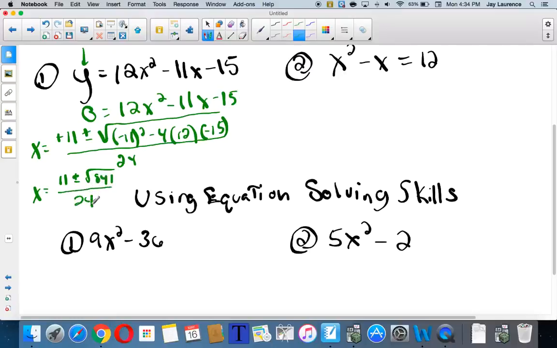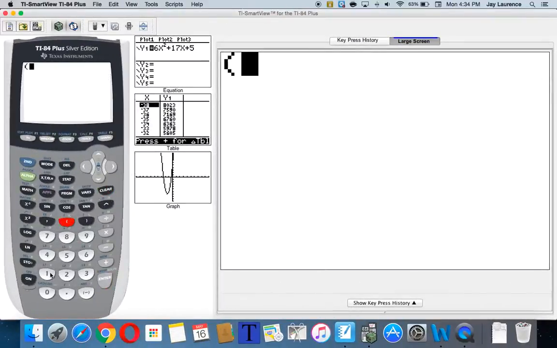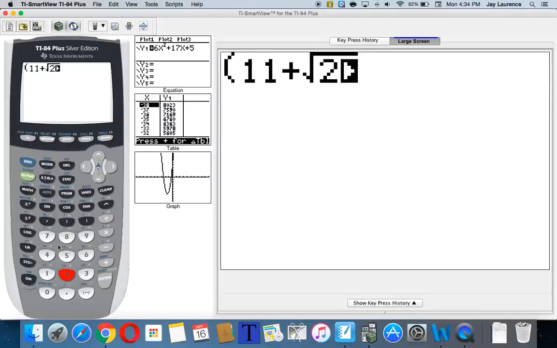All right, so x is going to equal negative 11 plus or minus the square root of 841 over 24. All right, so at this point I can go to my calculator, and I'm going to do 11 plus the square root of 841, excuse me, 841.